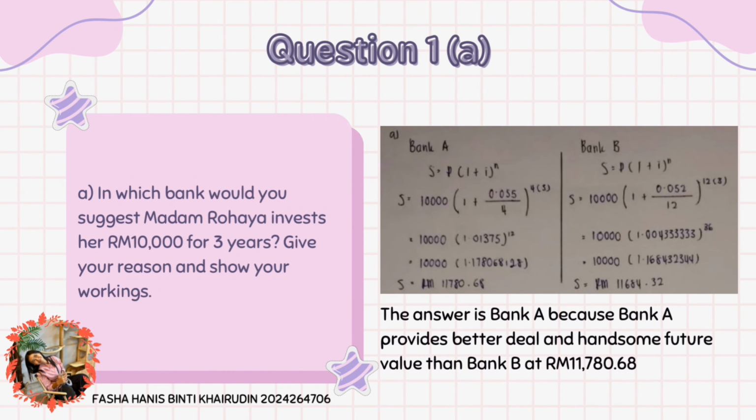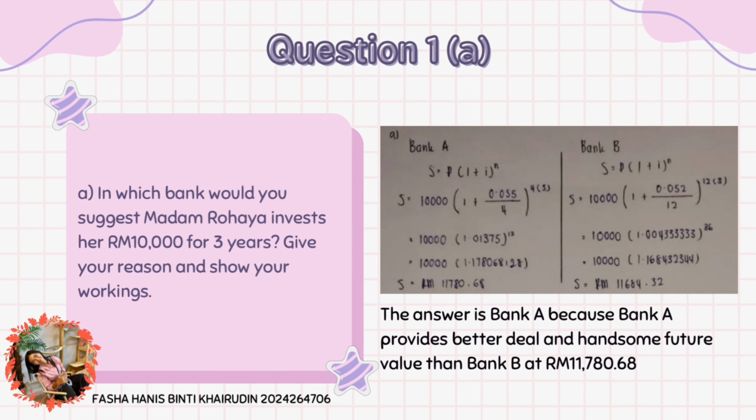So as usual, we need to solve the numbers in the bracket and the power of n first. And it should be S equals 10,000 bracket 1.004333333 bracket to the power of 36. And then we need to solve the numbers in the bracket first, and it should be S equals 10,000 bracket 1.168432344 bracket.